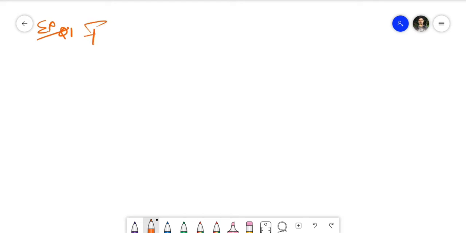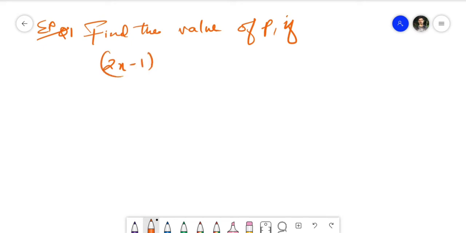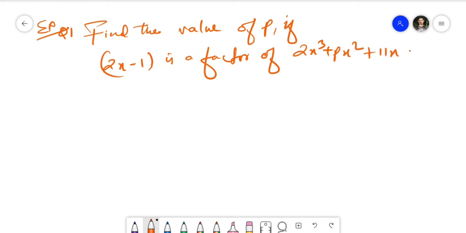The question is like this: find the value of p if 2x minus 1 is a factor of 2x cubed plus px squared plus 11x plus p plus 3. So this is your question and you need to find the value of p.